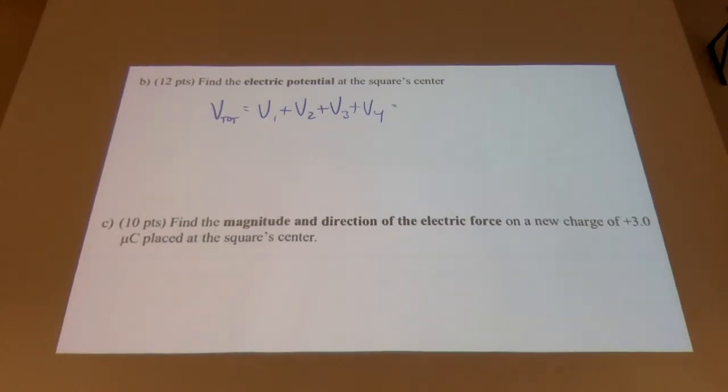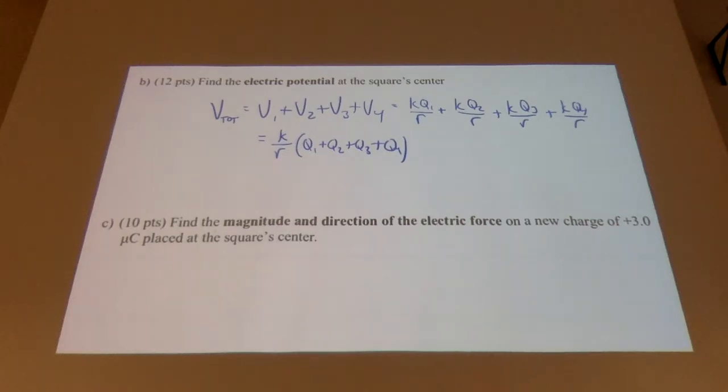So that's going to be KQ1 over R, R is the same in all cases, plus KQ2 over R, plus KQ3 over R, plus KQ4 over R. That was ridiculous to write all that out because it's really just K over R times Q1 plus Q2 plus Q3 plus Q4.